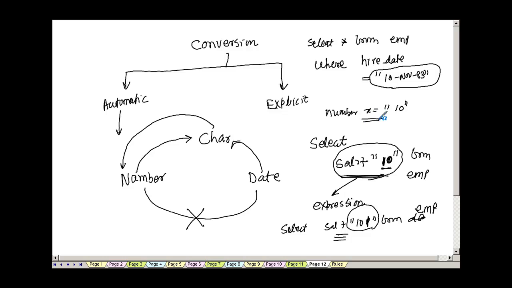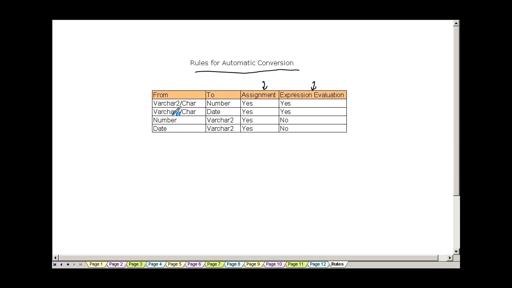Okay, this is called assignment. The rule is this, that from a varchar or character to a number, you can always assign, and you can always evaluate in the expression, provided the one that you are converting is a number. From character to date, you can always do that, both assignment and evaluation.